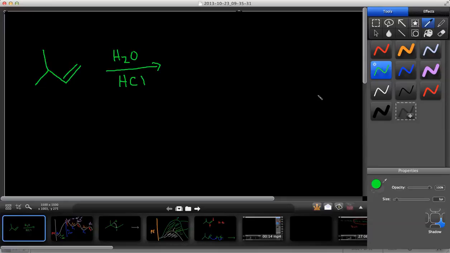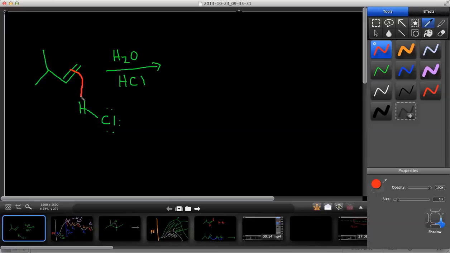In the first mechanistic step, we will have a proton transfer.